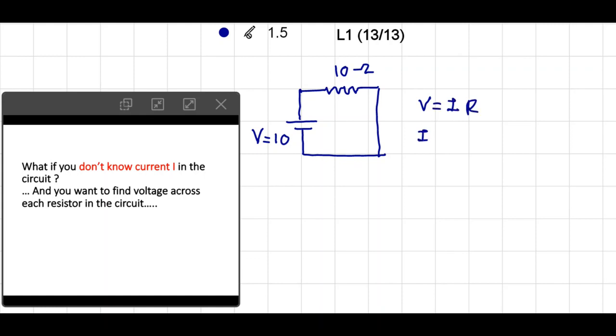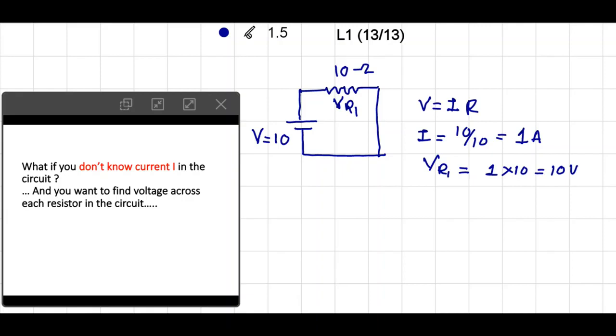We know that I is equal to V upon R, that is 10 divided by 10, equal to 1 ampere, and that is why the voltage across resistance R1 we could easily find out: VR1 is equal to 1 into 10, that is equal to 10 volt.